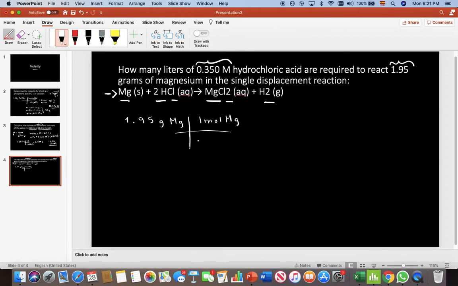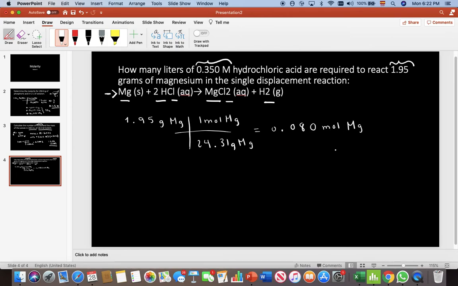Magnesium has a mass of 24.31 grams. Okay, perfect. So now do the math and find how many moles of magnesium there are. So 1.95 over 24.31 gives you 0.080 moles of magnesium.